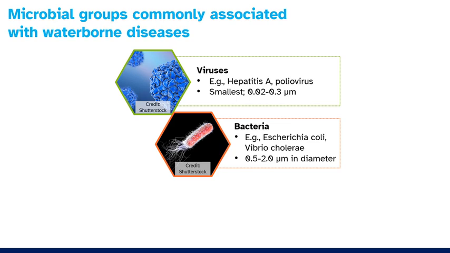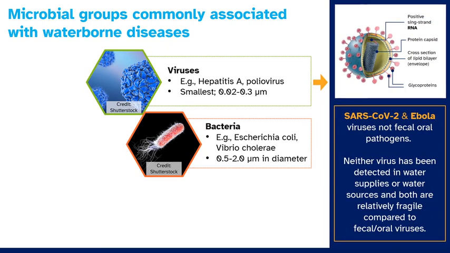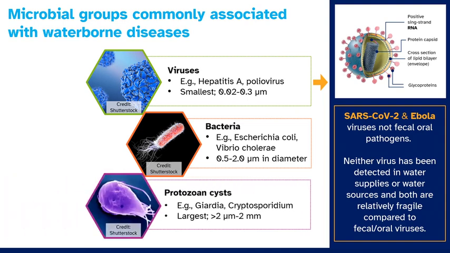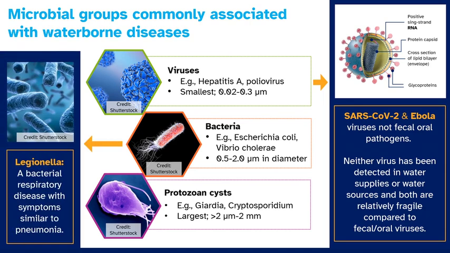These can contribute significantly to diarrheal diseases. Viruses like SARS-CoV-2 and Ebola, primarily transmitted through non-fecal oral routes, pose minimal waterborne risk. Protozoan cysts like Giardia and Cryptosporidium are larger, exceeding 2 micrometers. Legionella is also becoming increasingly common in healthcare settings and requires special attention.